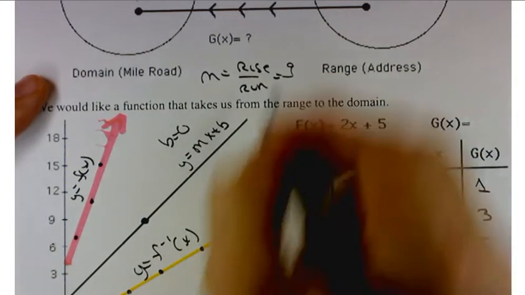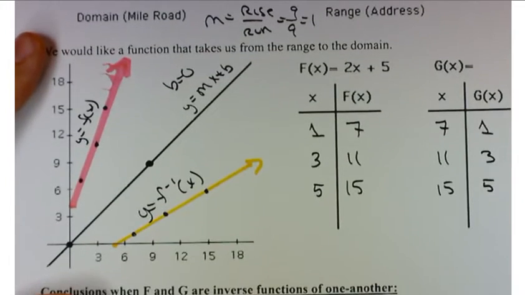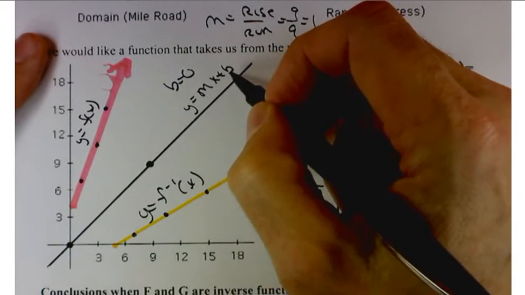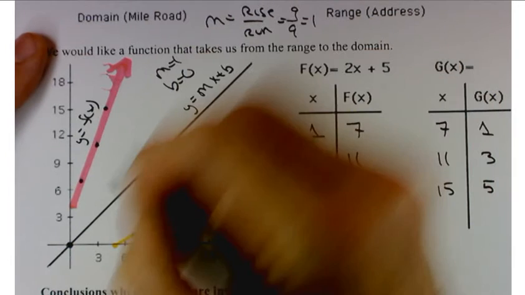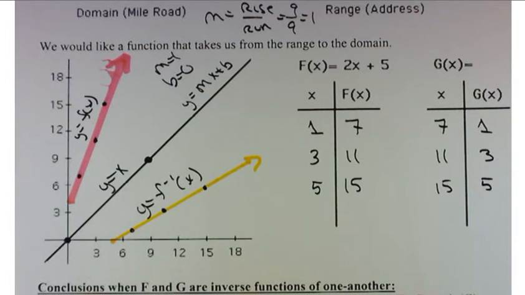And the run was also 9. So really, m is a 1, b is a 0. So I get the line y equals x. These two graphs are symmetric around the line y equals x. One is a mirror image of the other around that line. And that's something that I want you to know about these graphs.